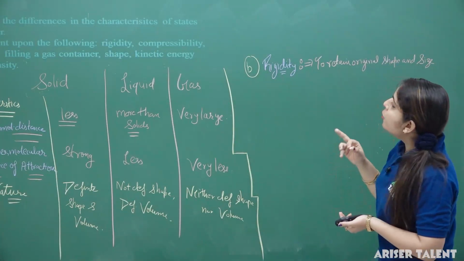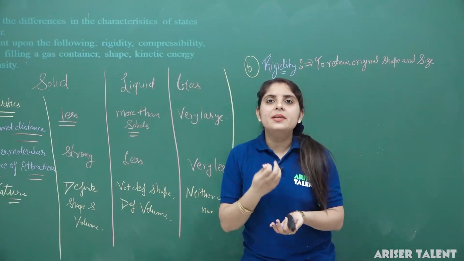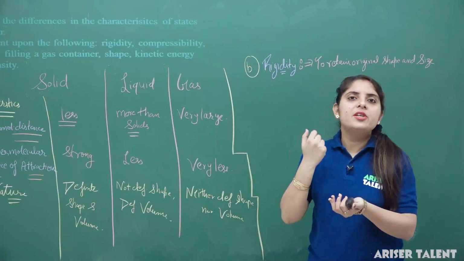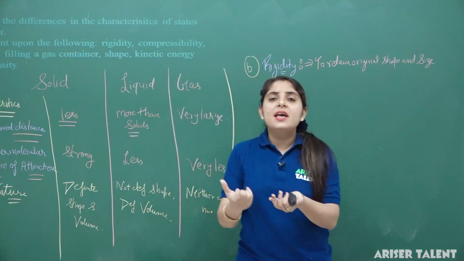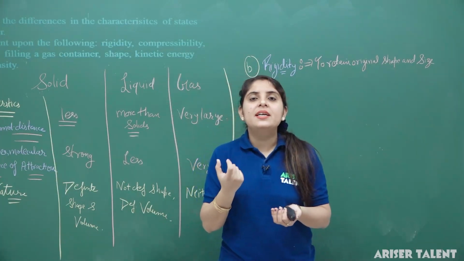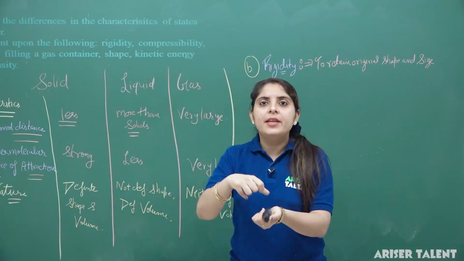Now we are on our next term, that is compressibility. Compressibility means the ability to compress something if we apply pressure on it. Suppose I am applying pressure on gases, they have a tendency to compress, and this property is basically used in balloons in which the gas is filled at a very low pressure.